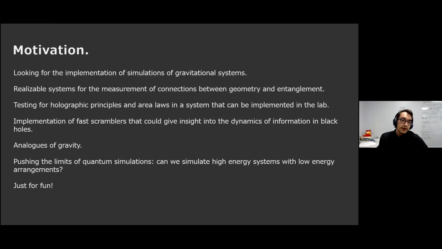This has also arisen as kind of a substratum where we can implement fast scramblers, which could give insights into the dynamics of information inside black holes. There's also this whole field of analog gravity, where there have been some experiments in Bose-Einstein condensates where sonic black holes have been implemented. So there's a lot of things going on.